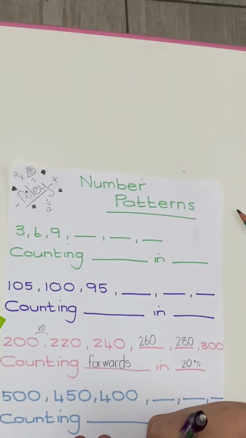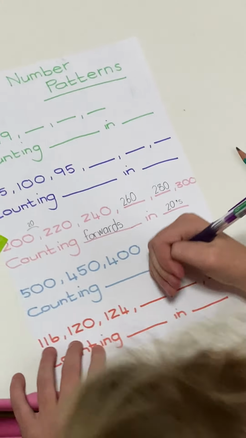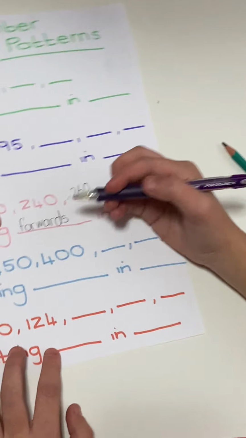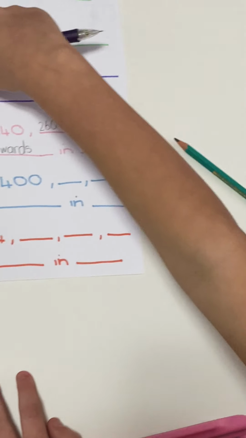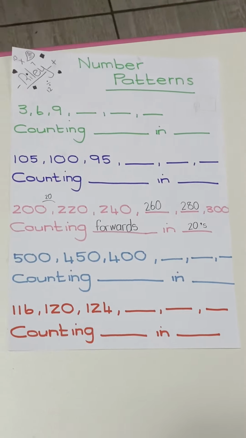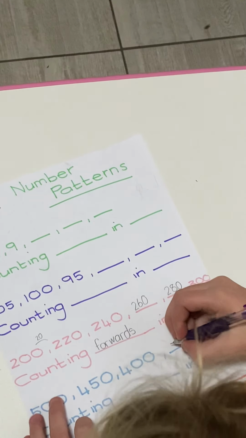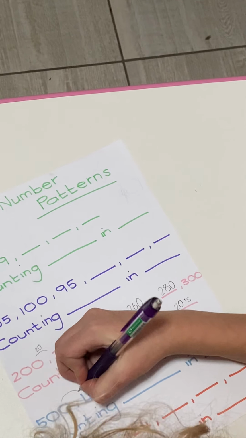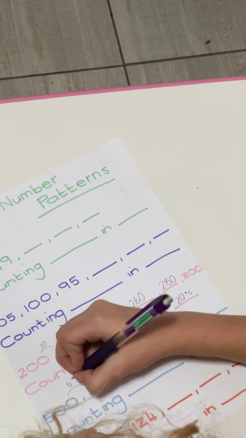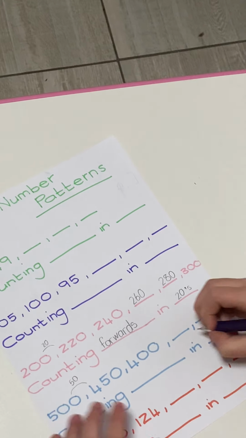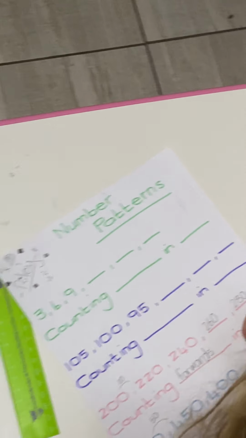Now, do you want to do the next one, Riley P? Try the next one. Okay, the next one, boys and girls. So some of these numbers we're getting pretty big here. Let me look at it. Okay, good. So we've got 500, 450, 400. So what's the first step? I'm going to see what I'm jumping in between my two numbers. Good. So I'm going in 50s. What will come after it?